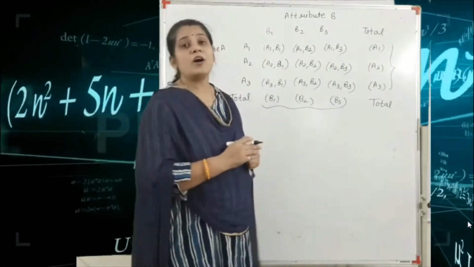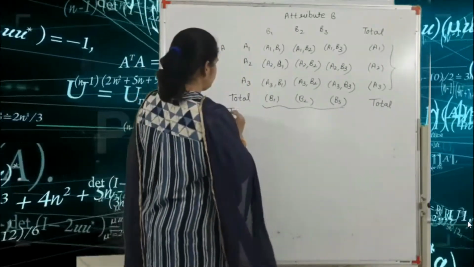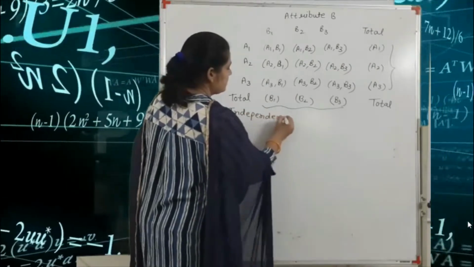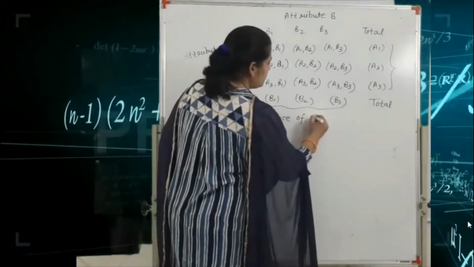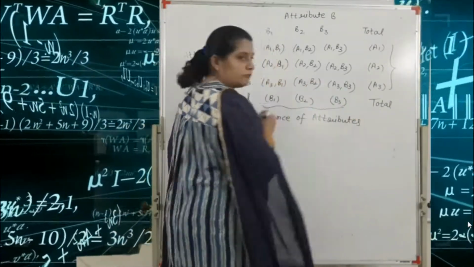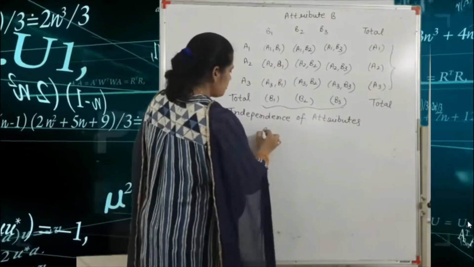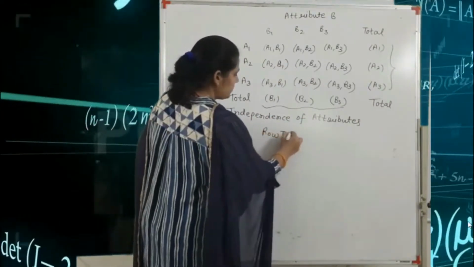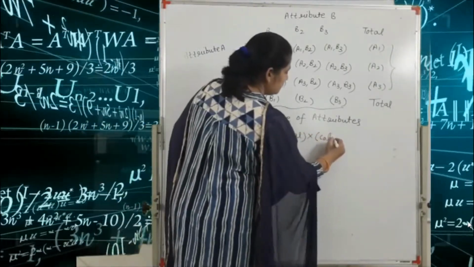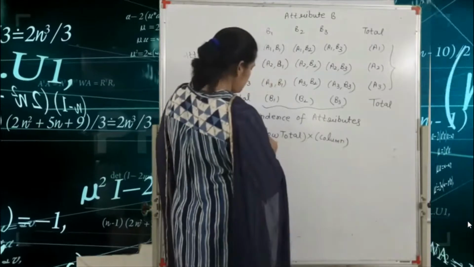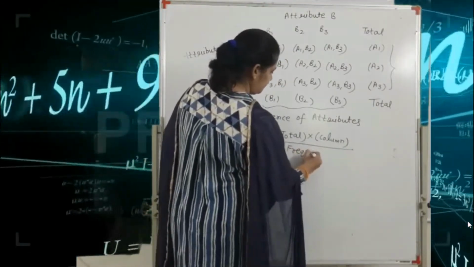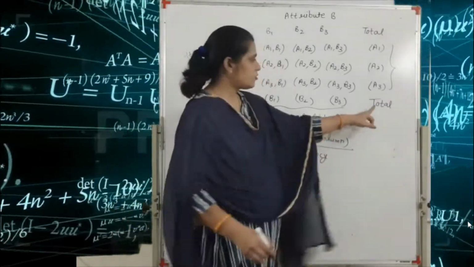The formula for independence of attributes is: row total into column total, divided by the total frequency.